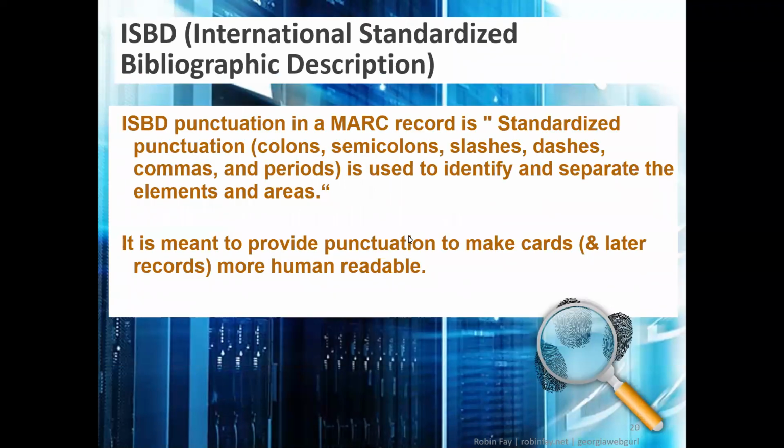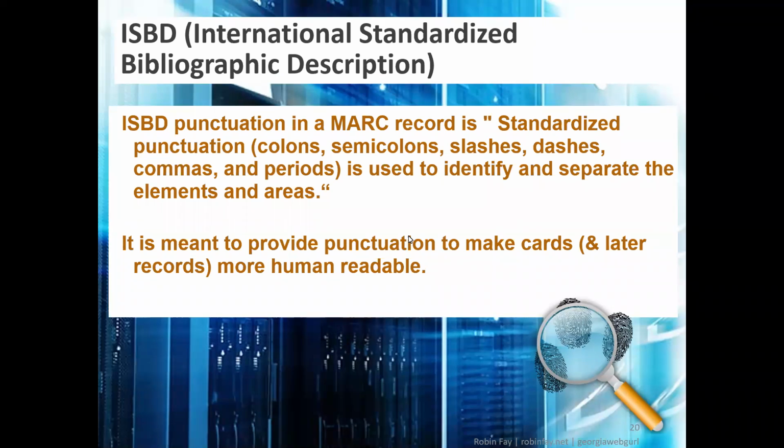So I did warn you we were going to talk about ISBD. This is the International Standardized Bibliographic Description, and this is all of the punctuation that's in the records. So if you haven't spent time looking at a record and noticing this, this is another thing you can just take a few minutes to look at.